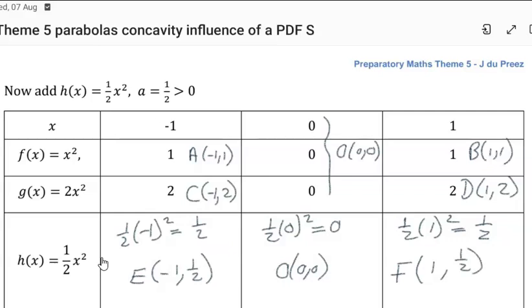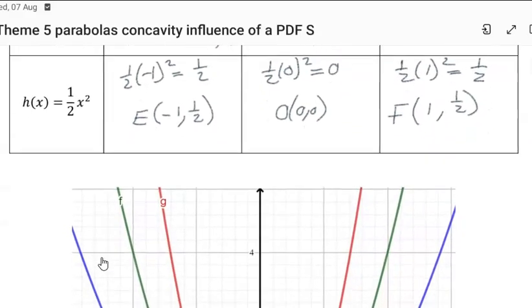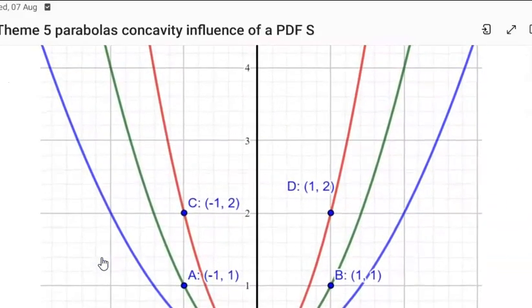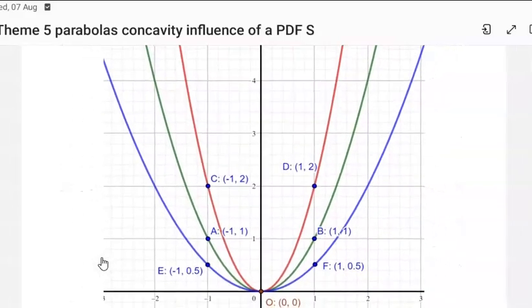So in the next graph, I've just plotted all those values there. Again, there's our mother graph, our A and B, the green graph. And the C and D, this is where we had y equal to 2x squared.